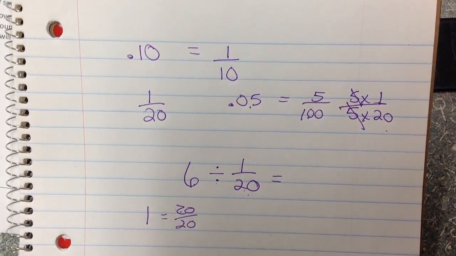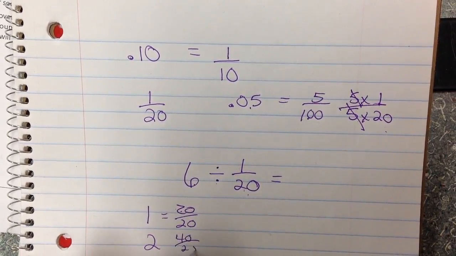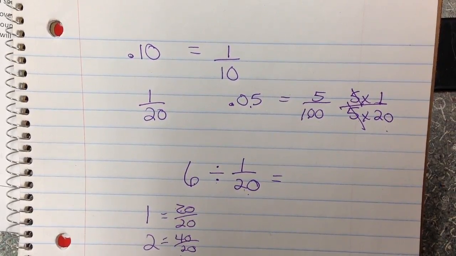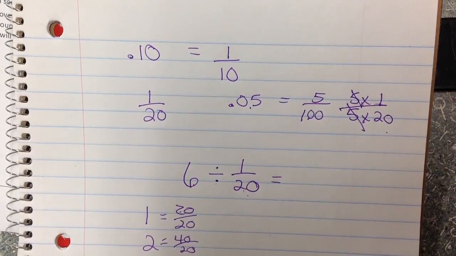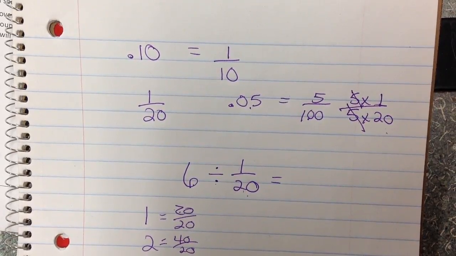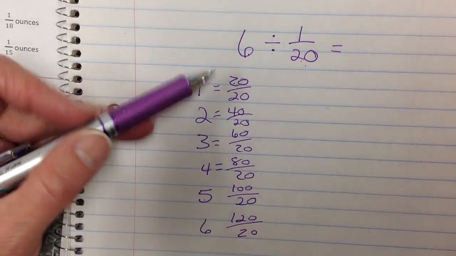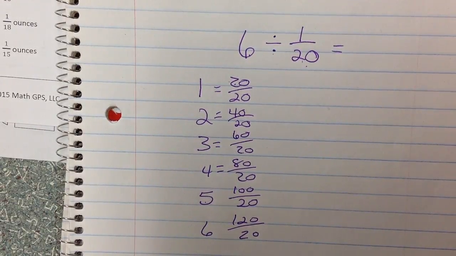So in $1, I'm going to get 20/20ths. $2, I'm going to get 40/20ths. $3, 60/20ths. $4, 80/20ths. $5, 100/20ths. And $6, I'm going to get 120/20ths. Sorry, you can't see that. There you go. 20, 40, 60, 80, 100, 120.